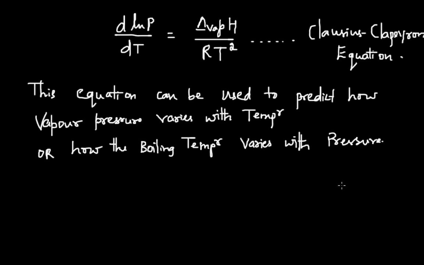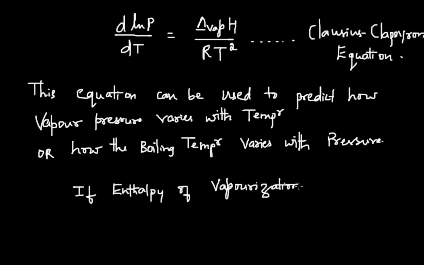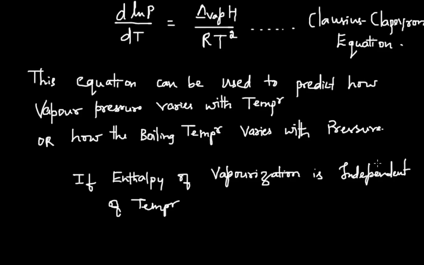So if your enthalpy of evaporation is independent of temperature, this delta H by R is a constant, and delta H, if it is independent, can come out when we integrate it.